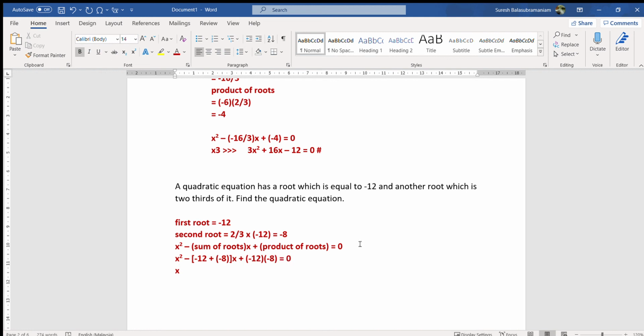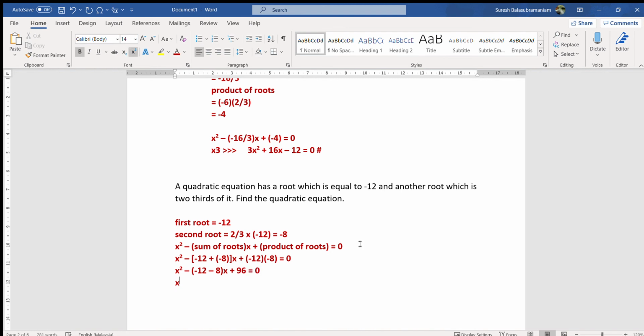So x square minus -12 minus 8, you get -20, x plus 12 times 8 is 96, negative negative become positive.